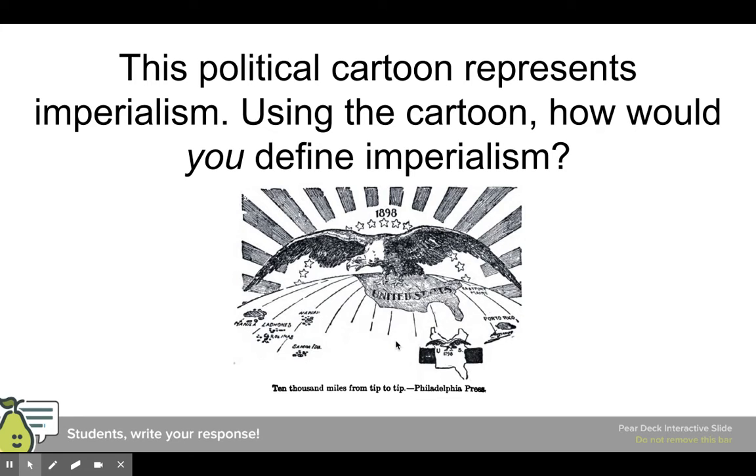What that is implying is that the United States is reaching from one part of the world to the other, and in some ways is going to have influence or power or say in a lot of different places. Some of these places are Manila, that's in the Philippines, Hawaii, the Samoan Islands, Puerto Rico. So with that large wingspan, the United States is having this huge impact.